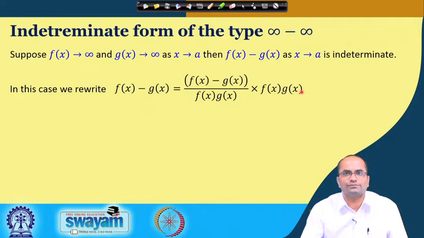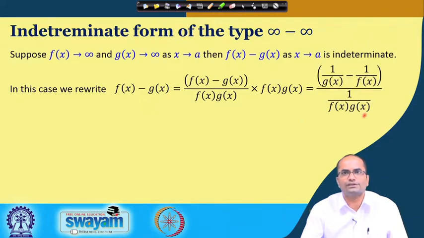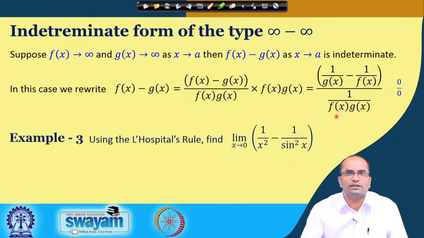Since f x and g x both go to infinity, we have 0 minus 0 in the numerator, and 1 over infinity times infinity, which is 1 over infinity, is 0 again. So, we have the 0 by 0 form, which we can easily handle with the help of L'Hopital's rule.